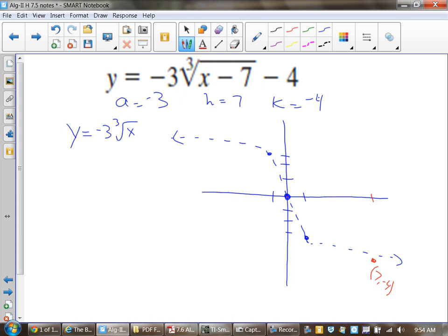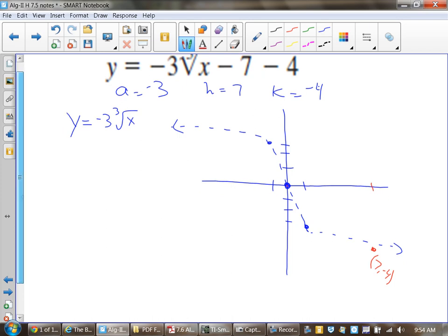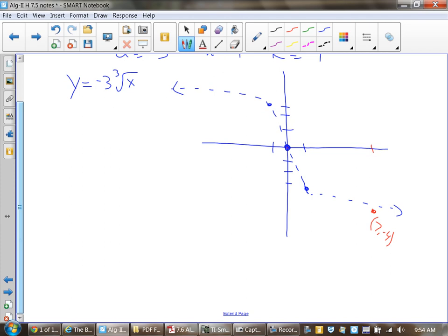And then the next one would be at 8 and negative. And this one would have been at 6 and -1, thank you. Sorry, I forgot what point I was looking at. And we know it's just going to go like this.